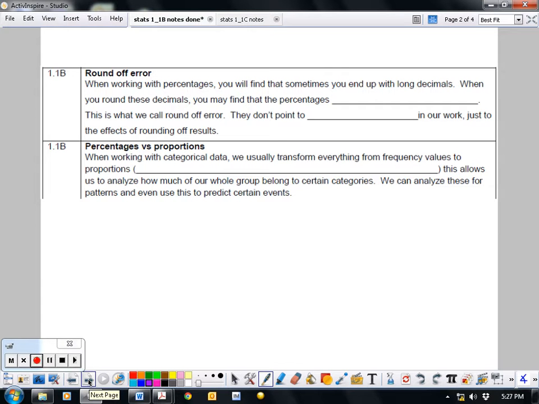Now, when working with a relative frequency table, every time you turn anything into a percentage, you're going to get some funky decimals, and so we tend to round them. And so we'll also get a rounding error. You may see that percentages don't add up to 100 or add up to more than 100. That doesn't look right, but you've got to be careful about that and also be aware that it doesn't mean you made a mistake.